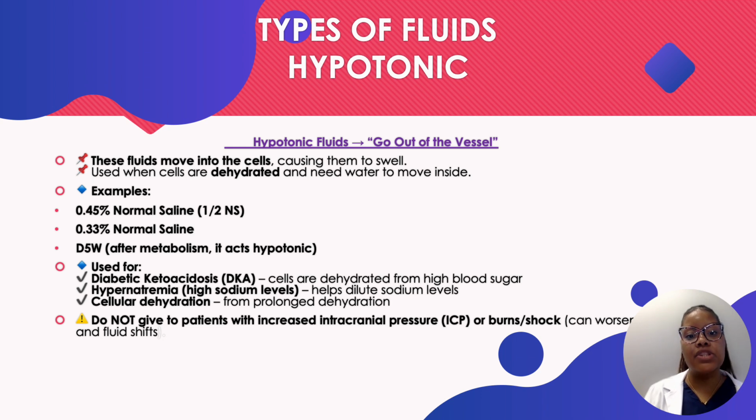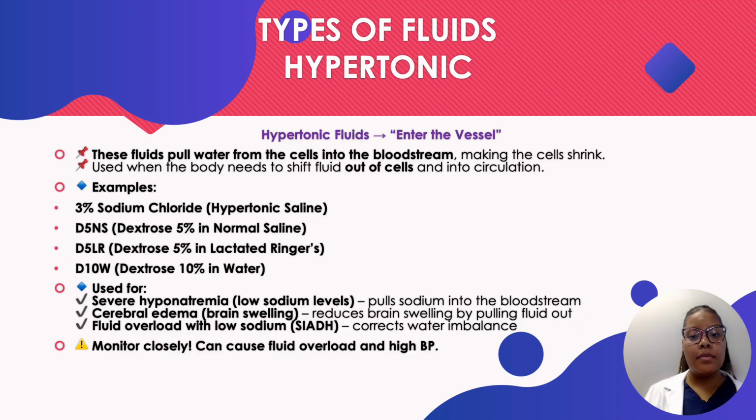That is so important. So remember, with a hypotonic solution, the fluid goes out of the blood vessels and inside the cell, and it's going to cause the cell to swell. Cell to swell. That is hypotonic.